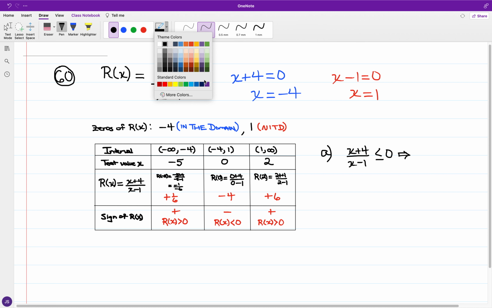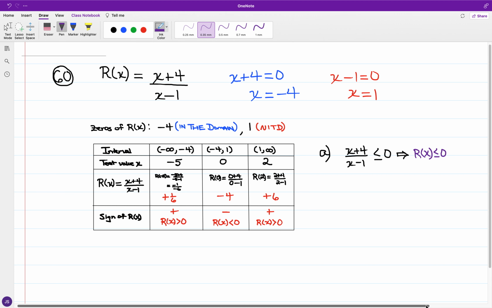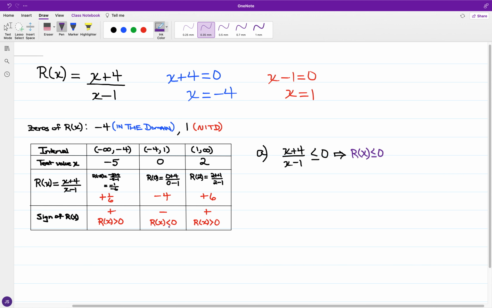So we're looking at where r of x is less than or equal to 0. And we have in the same direction as where r of x is less than 0. So where r of x is less than 0, you're involving the limit values, -4 and 1.